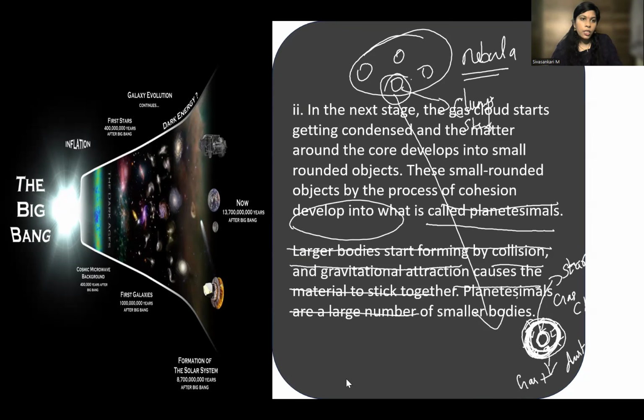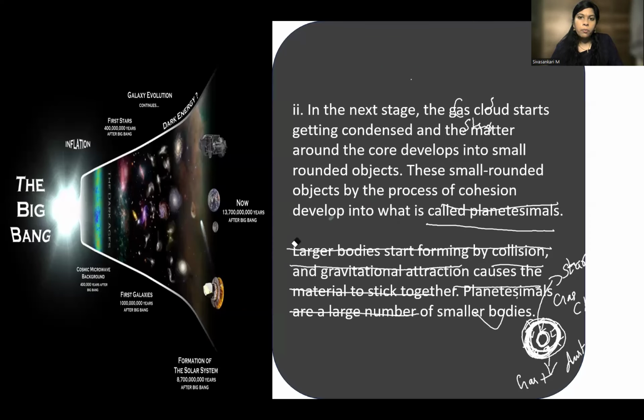In the next stage, the gas cloud becomes condensed. The gas cloud means this one. Yes, this gas cloud becomes condensed, and the matter around the core develops into small rounded objects. So what happens? You saw this, no? This is the gas cloud.